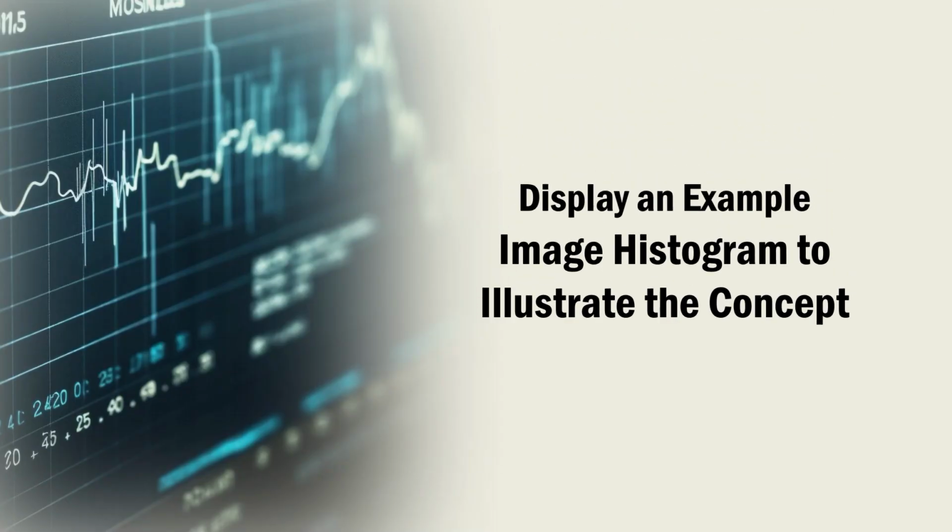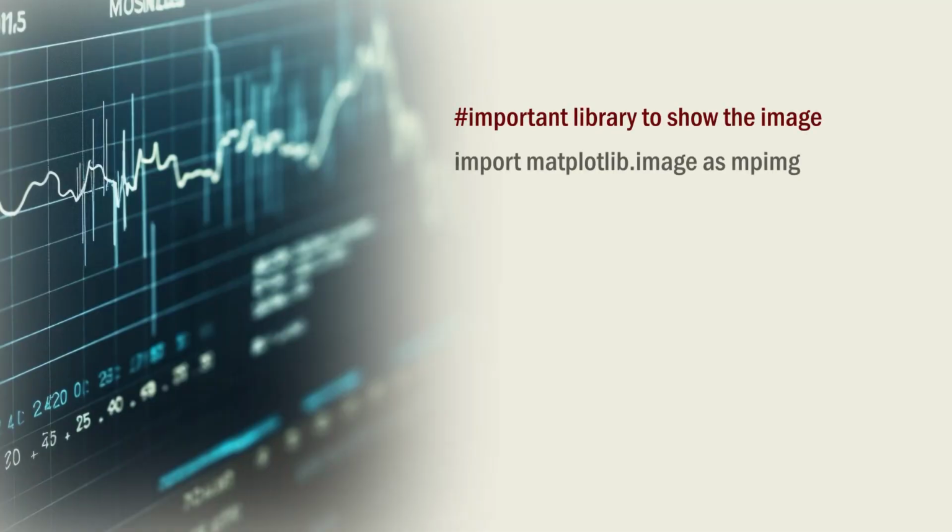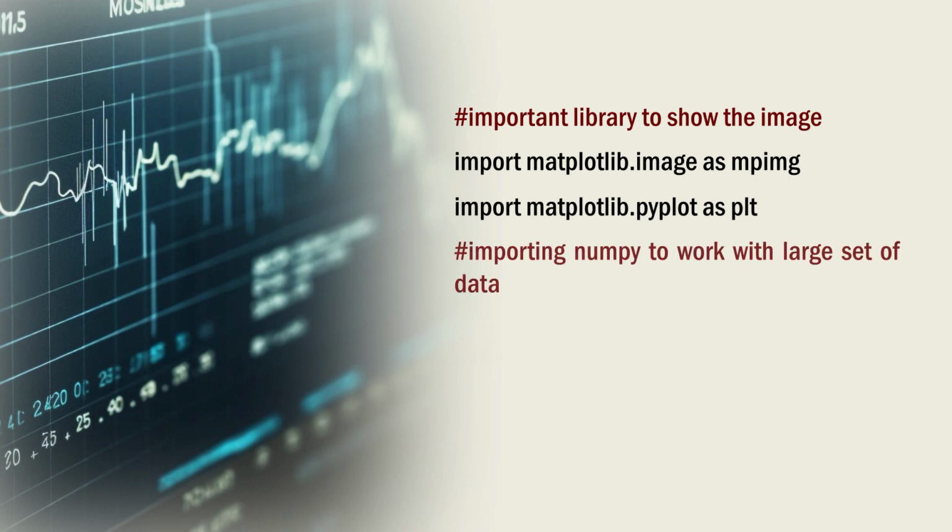So, here is one example of an image histogram to illustrate the concept. In this code, we can learn how to implement and visualize the histogram. First, we have to import the important libraries, such as matplotlib. Along with matplotlib, we also use numpy as a library.